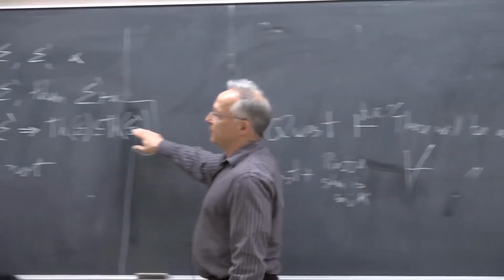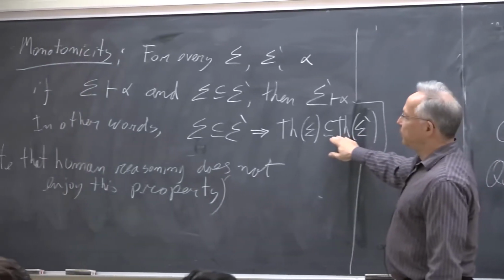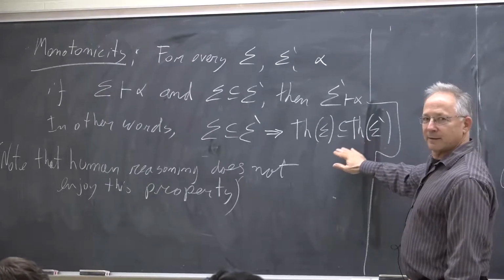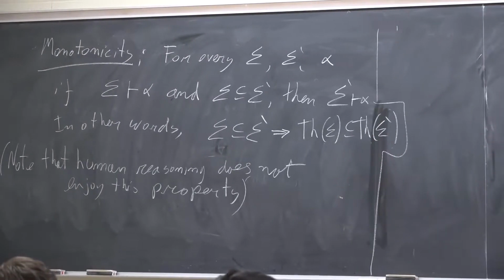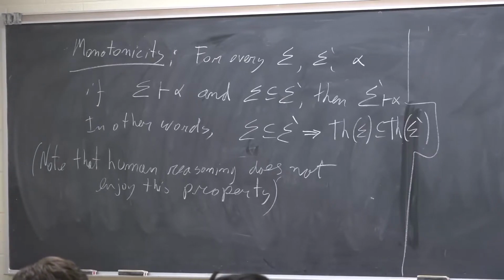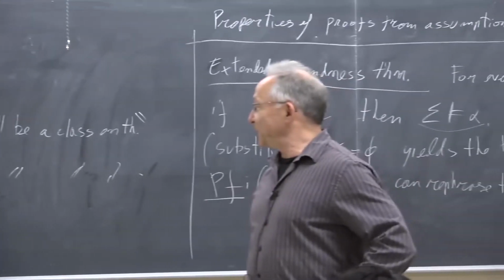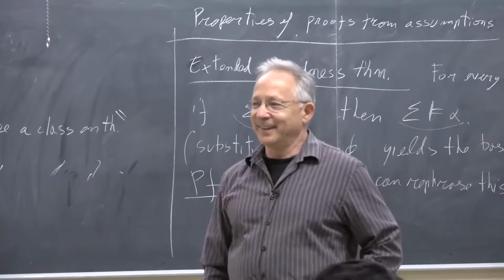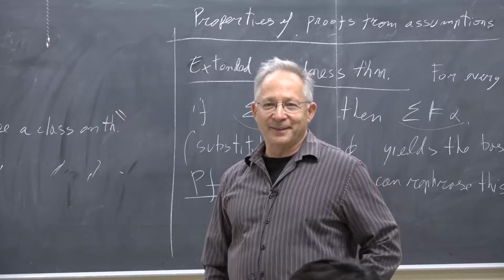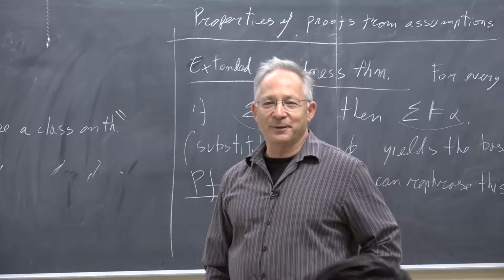This very obvious property of monotonicity is not completely obvious. Yes? I'm curious about what the computer will conclude based on the second assumption, or the two assumptions together? It will conclude everything, because now you get a contradiction and you can conclude everything.